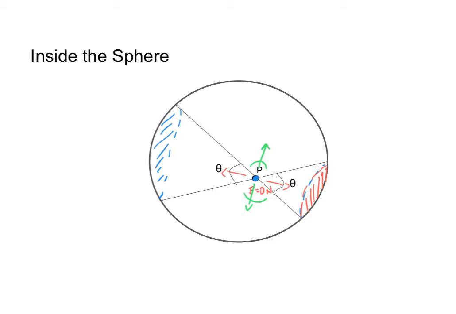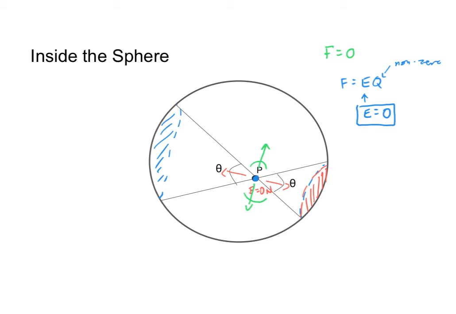What's important to know is that our force at any point in space within our charged sphere is 0. And if our force is 0, we know that force is equal to E times Q. So if force is 0 and Q is non-zero, electric field must also be 0. So inside of my sphere, my electric field is 0.